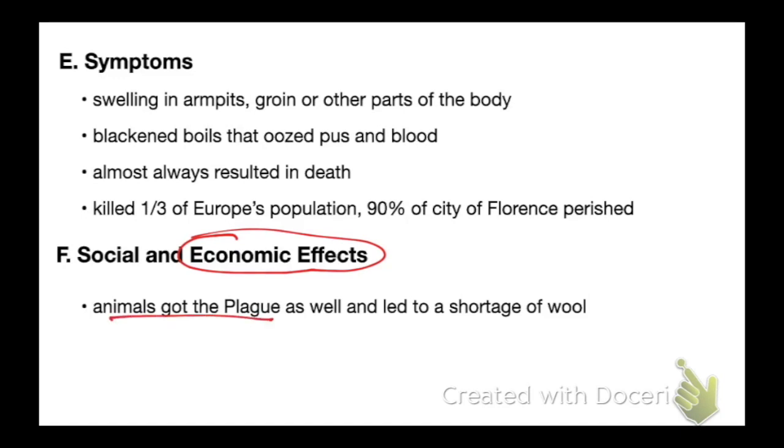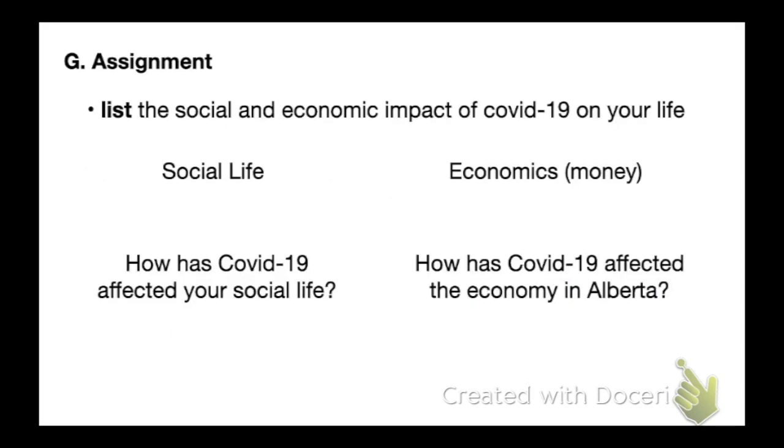Animals got the plague as well, and that led to a shortage of wool. So now there was less wool available for clothing and blankets, and people that had animals, the animals were dying, and they lost money because they couldn't sell the animals. They couldn't sell the wool. So, economic effects.